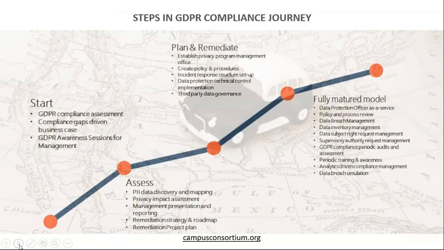So there are certain activities that will be performed in the initial stage, and the most important thing is that awareness has to be created within the organization. The gap assessment, as we refer to it, also has to be done in the initial stage. Then with the outcome of the gap assessment, a remediation plan has to be made to mitigate the gaps identified.